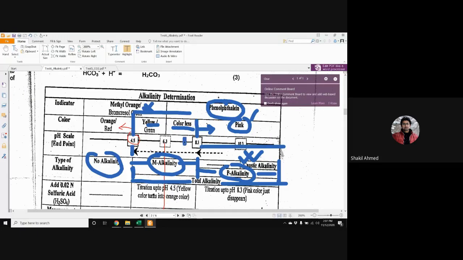Am I right? So you directly add methyl orange. You don't need to add any acid anymore. You directly add methyl orange and you measure, and then you add H2SO4 and measure. Clear? That means you will only get M alkalinity. This means your sample did not have P alkalinity. Okay?